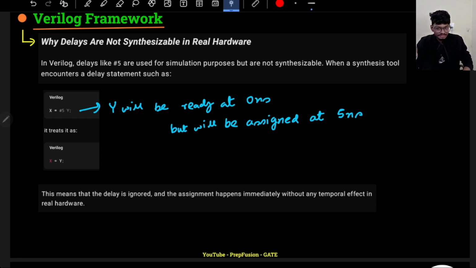But in the synthesizer, when we convert this into hardware, this will not come into effect. In the synthesizer, this delay will simply be ignored, and the assignments will happen immediately without any temporal effect in the real hardware. Now, why is that the case?